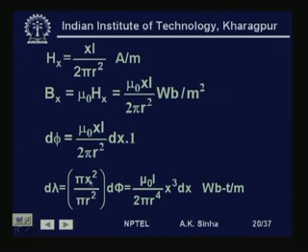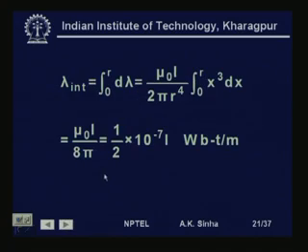That is pi x square by pi r square, a fraction of the total current. Therefore, we have the flux linkage is equal to pi x square by pi r square into d phi. This is equal to mu 0 I by twice pi r to the power 4 x cube dx Weber turns per meter.